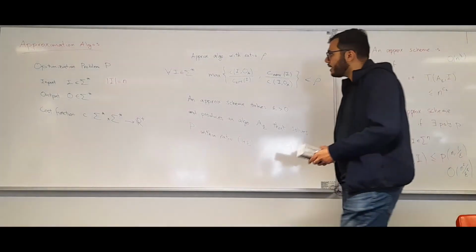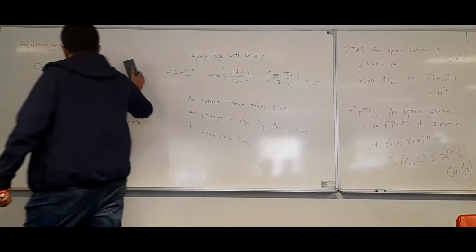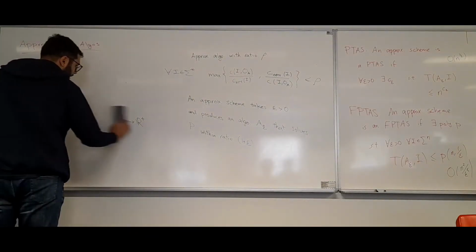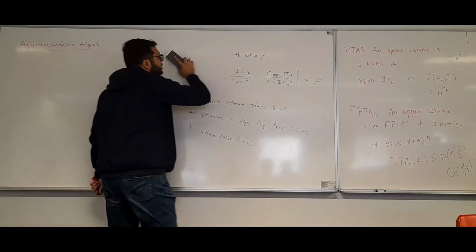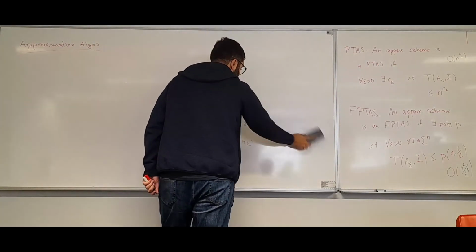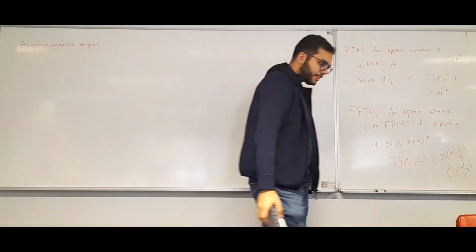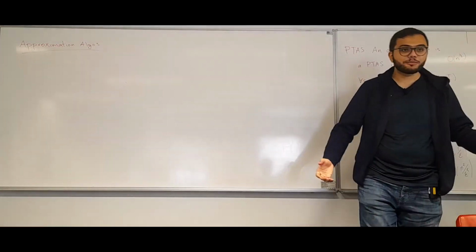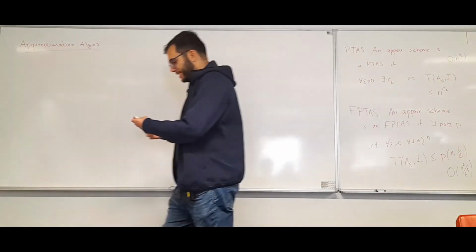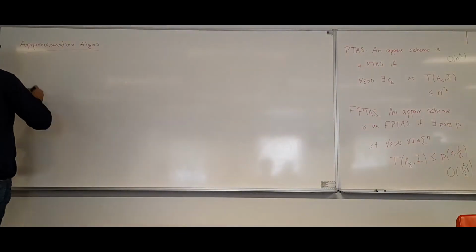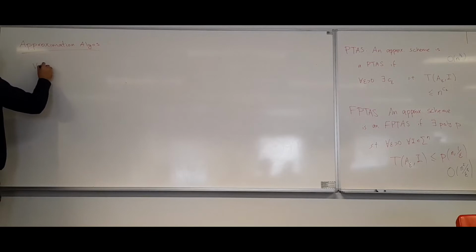Okay, but this is just the complexity theory that we have here. But let's talk about some actual problem. And as usual, let's talk about our favorite problem, which is vertex cover, if you don't know already. So let's say I want to do vertex cover.